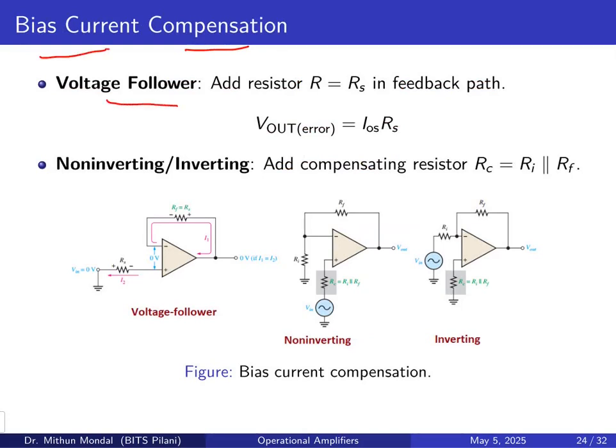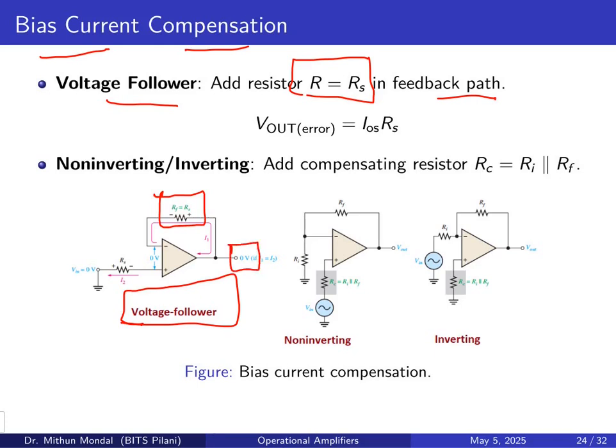So for the voltage follower, this is done by adding a resistor R equal to RS in the feedback path. So in the voltage follower circuit, if in the feedback you add RF equal to RS, then in that case, the output will be 0 volt because it will be compensated with respect to the offset current IOS into RS.